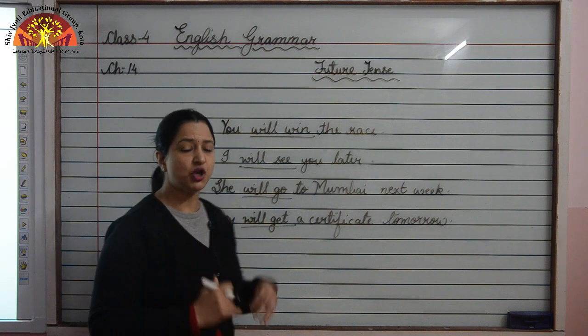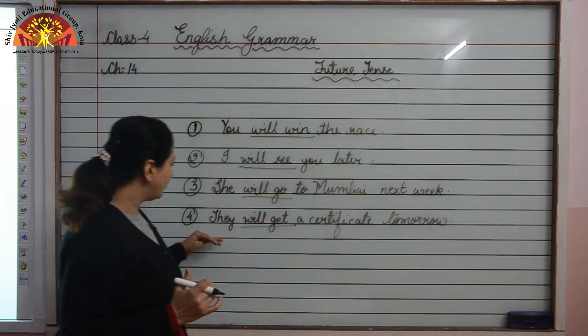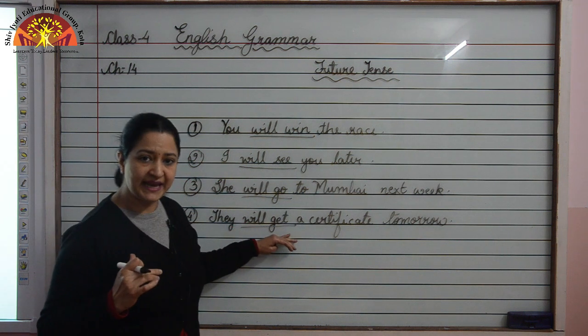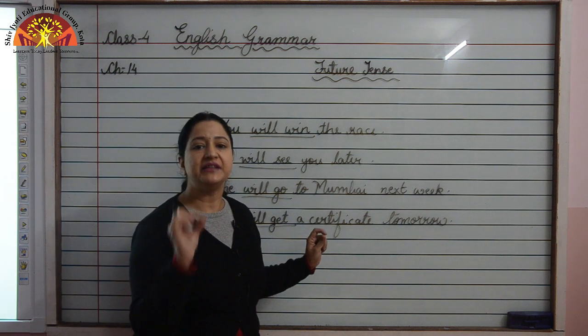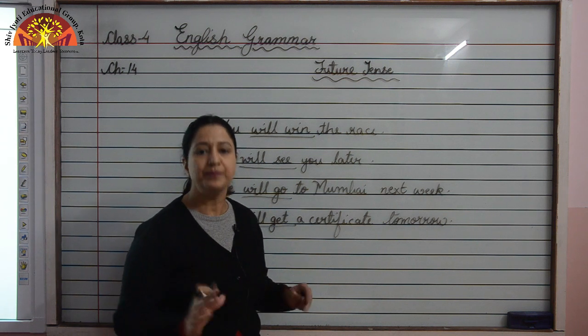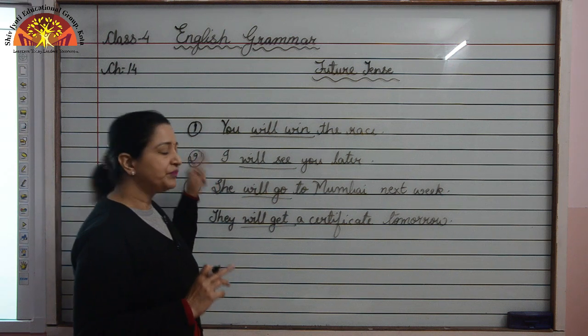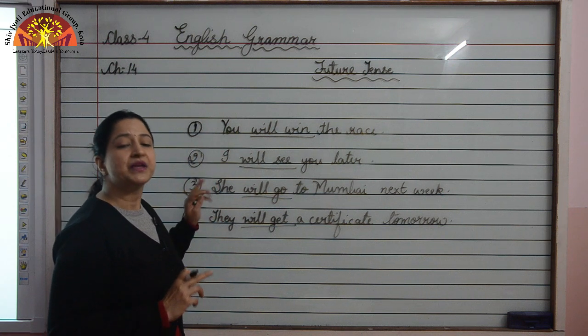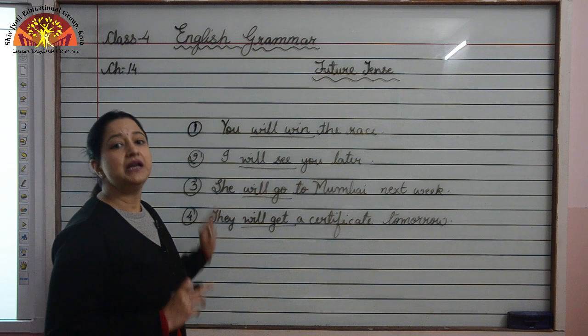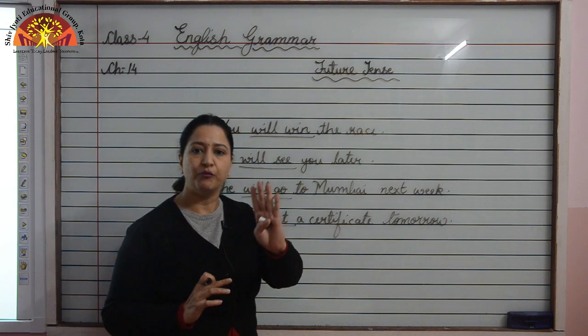Okay, so we are talking about tomorrow. Okay, we are talking about future. So what we have used here? Will get. So whenever there is will in the sentence with the first form of verb, whether the subject is you, whether the subject is I, whether the subject is singular, whether the subject is plural, you have to use will with first form of verb.